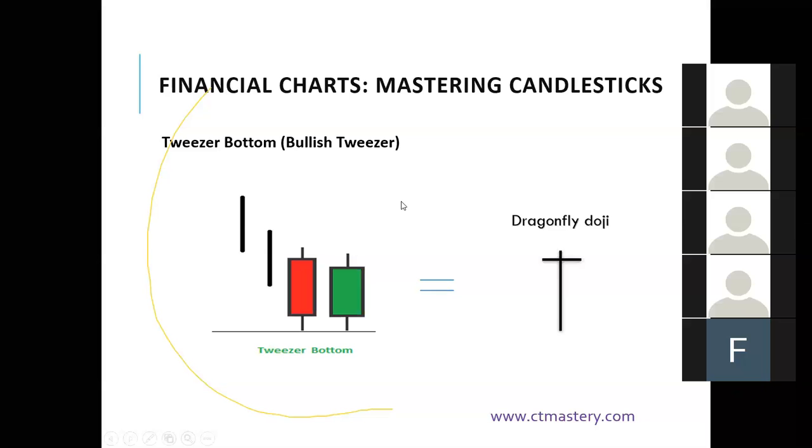It means that in this case, it's following the same characteristics. And from what we learned from the Dragonfly Doji, it's telling us that in this case, the bulls are in control. Therefore, if you find this at the bottom of a downtrend, it means that the market is going to change direction because the bulls are taking over and go in the upward direction.